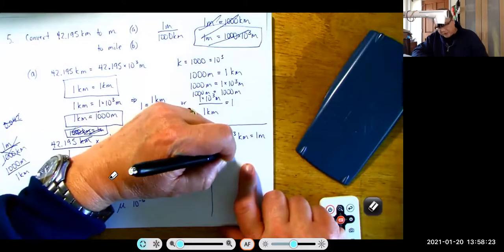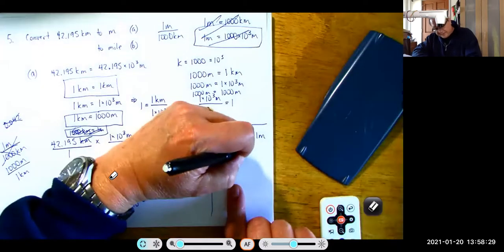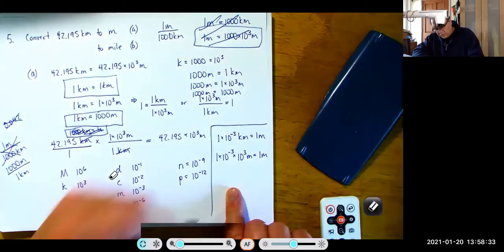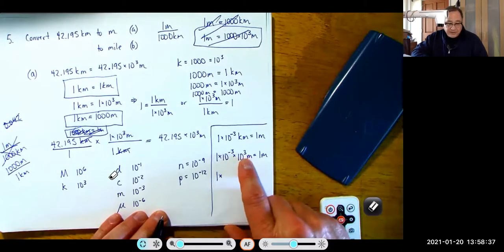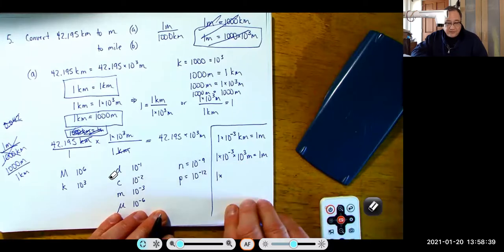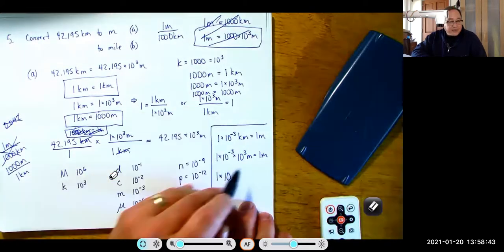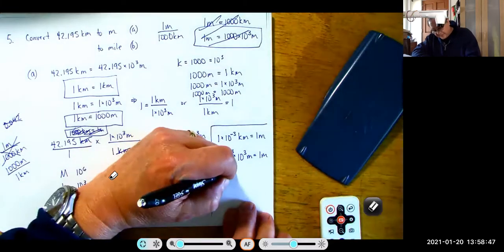What's a K equal to? 1,000. 10 to the third, right? Yeah. What's 10 to the third times 10 to the minus third? 1. We add exponents. So what's -3 and +3? 0.